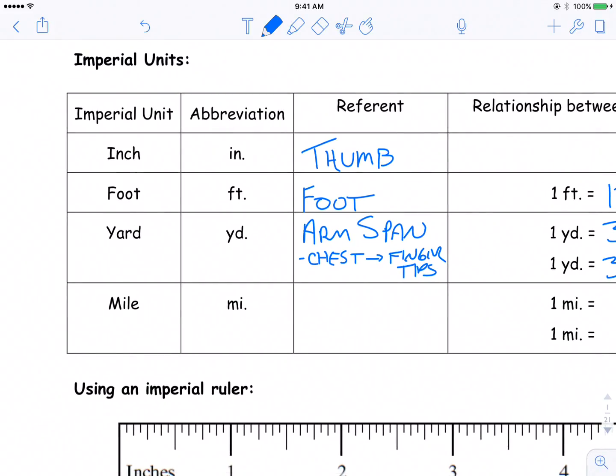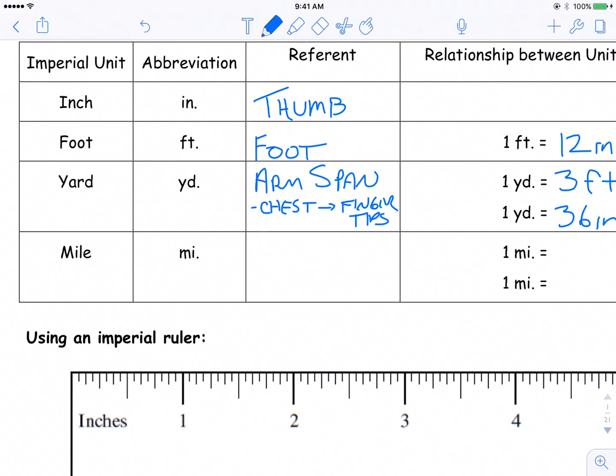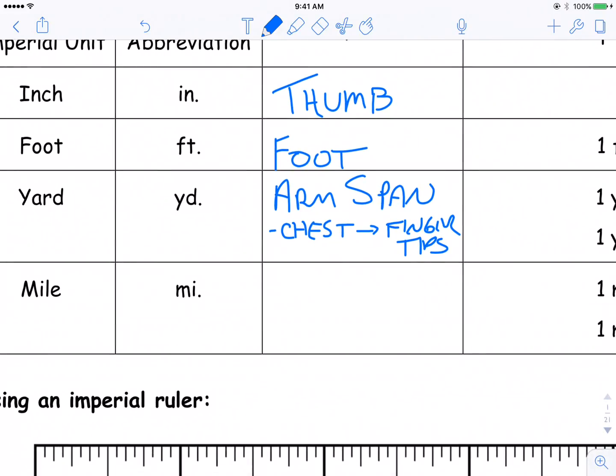And then a mile is approximately, and I often ask this question, how long it would take you to walk about 4 laps of the track. If you're walking at an okay pace, it's about a 20-minute walk.